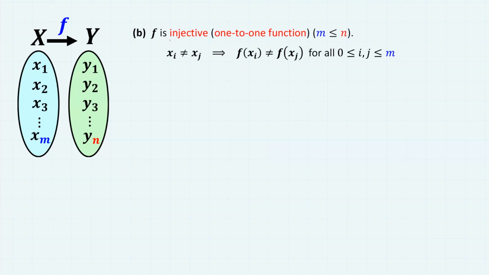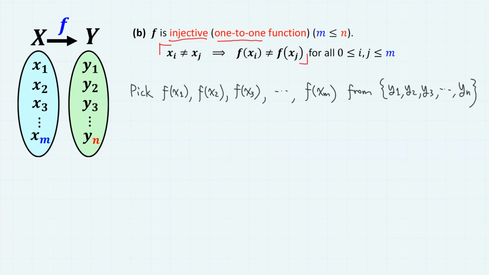Next, f is injective, or one-to-one. Here we start the same. For f(x1), there are n choices. However, if f is injective, then once an element is chosen for the value of f(x1), that element cannot be the value of f(x2).